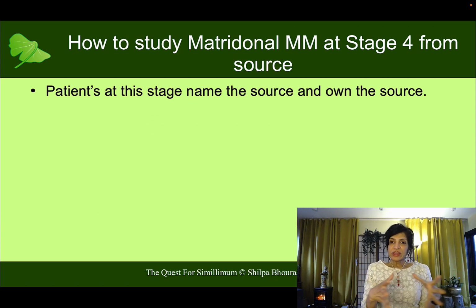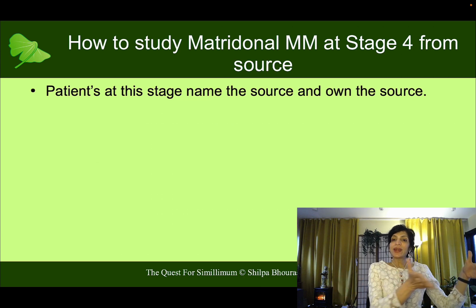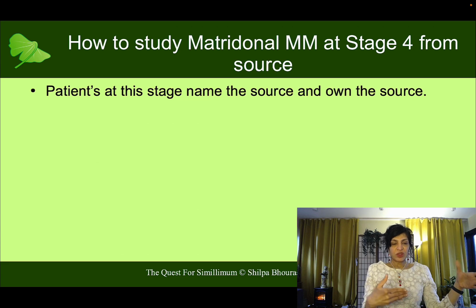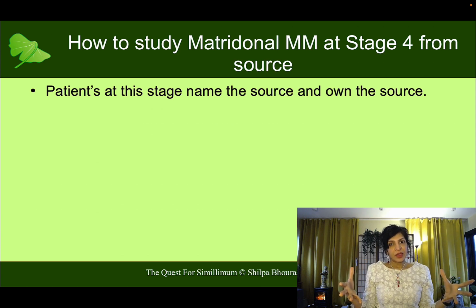So all these remedies, if you can know them at different stages, you increase the accuracy of your prescriptions and you can support your patient in so many different ways and with such confidence. And because you're basing your information on both thoughts and both processes in all 4 stages, you are not going to go wrong.